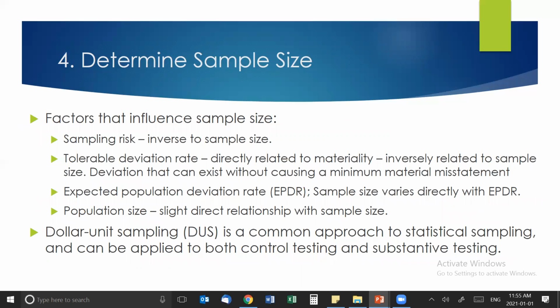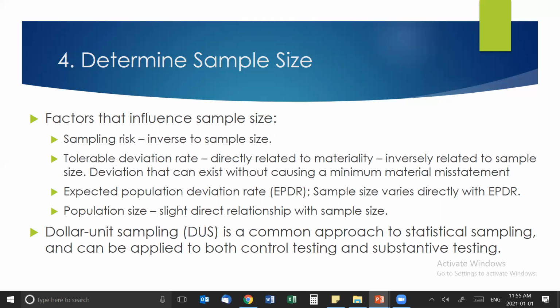Number 4 is figuring out what the sample size is going to be. For example, if you have 100 accounts, how much of a sample are you going to choose out of those 100? There's a bunch of factors that influence the sample size. Sampling risk is the risk that what you sample is not reflective of the entire population, so you have to keep that in mind. The tolerable deviation rate is something you have to keep in mind as well.